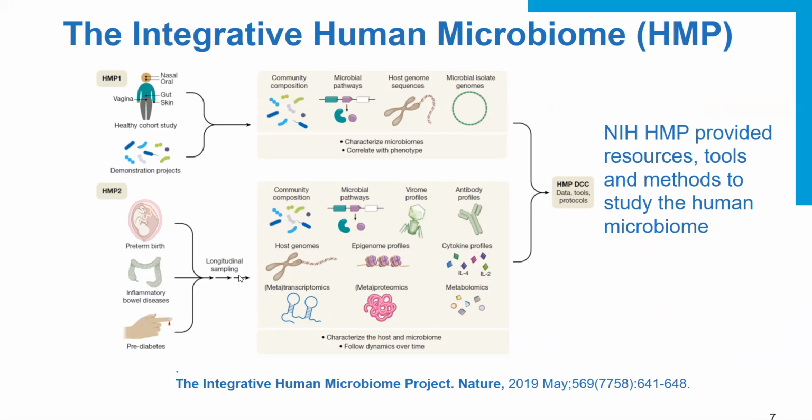It took a longitudinal sampling and characterized the host and the microbiome, again, the community composition, microbial pathways and virome, as well as looked at the big data in metatranscriptomics, metaproteomics, and metabolomics.